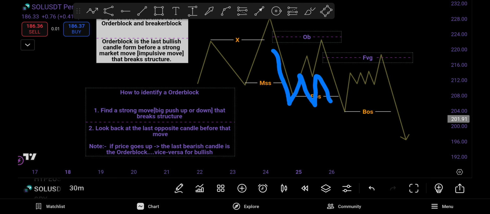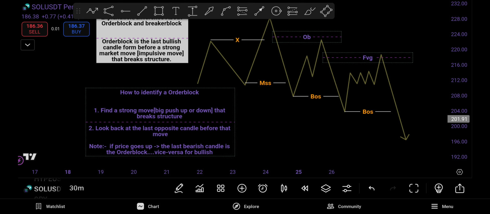For SMC traders, in the SMC concept, the market will always create an order block before the impulsive move down, so that even though the market goes back up, it will surely come down when it hits that order block that was already placed there, which is this.